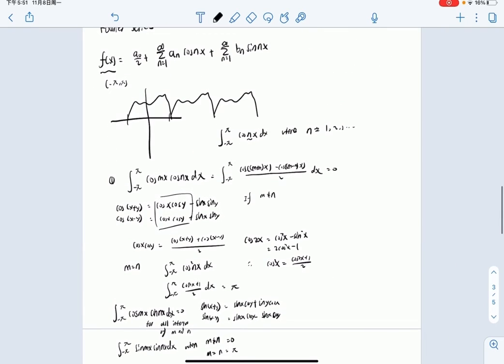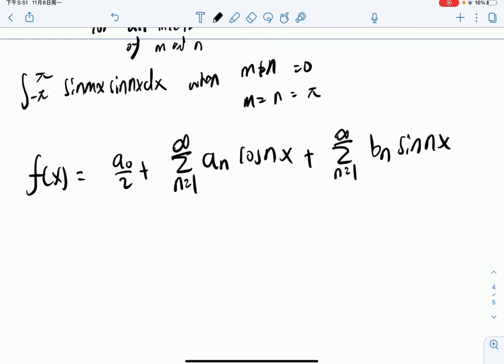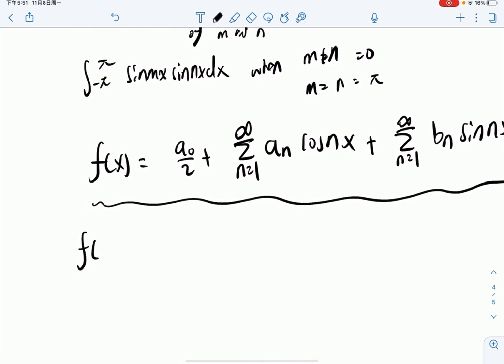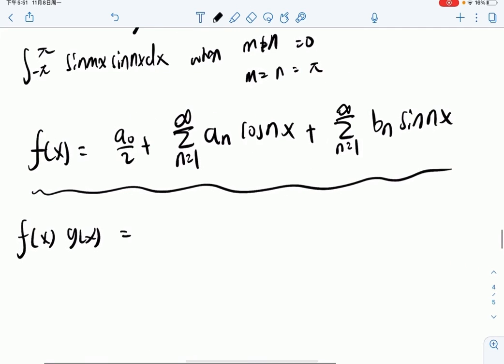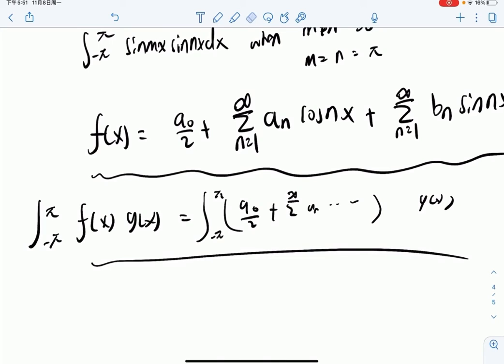Now moving on, we're going to see how this formula works. So the Fourier series is that, basically if you multiply a constant over here, or another function, to this side and to that side, and times g(x), and if you take the integral from negative pi to pi on both sides, they must be equal.